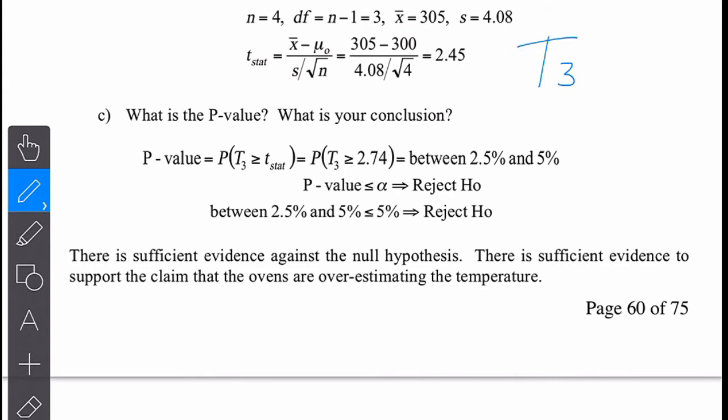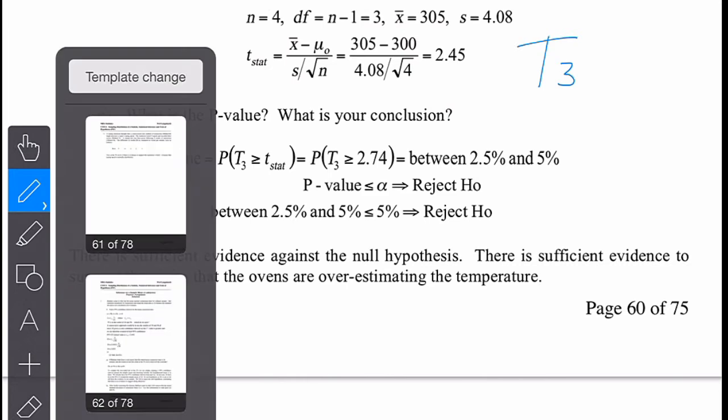For a two-sided test, it needs to be 1.96. It needs to be further. And what about for the t? Let me go look at the t-table.